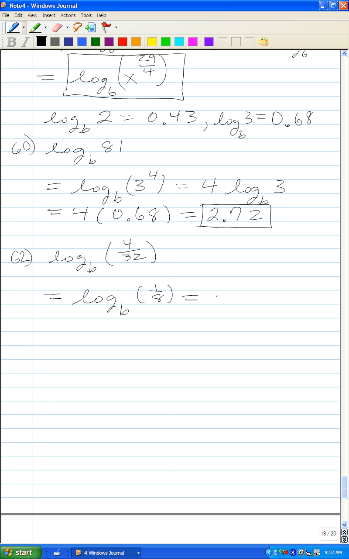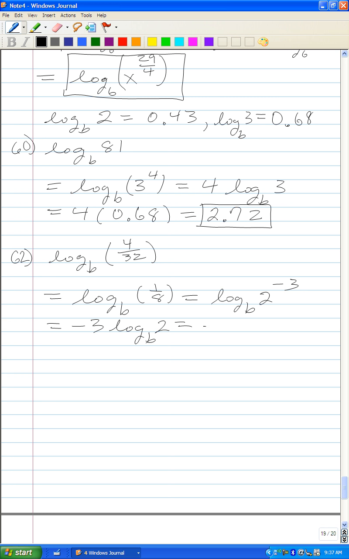But I can write 1 over 8 as 2 to the negative 3. And so this is the same as negative 3 log base b of 2.